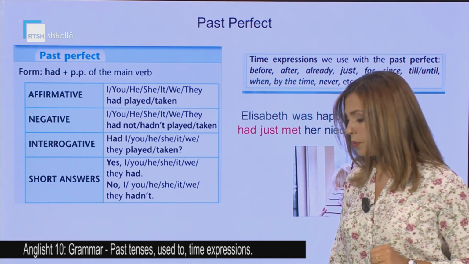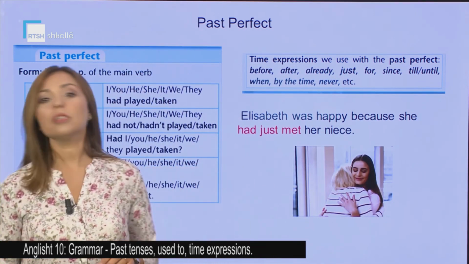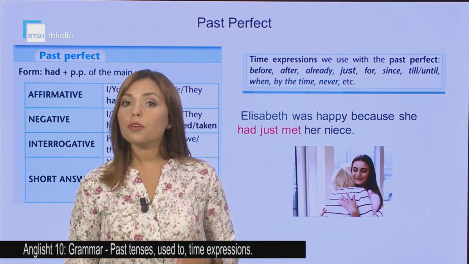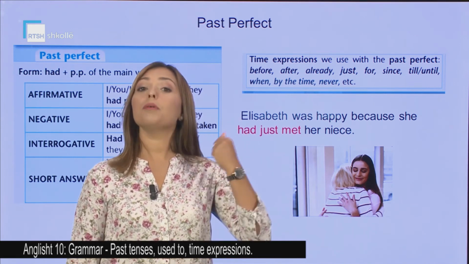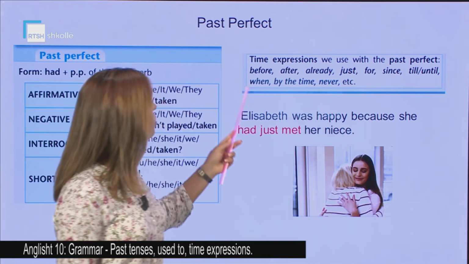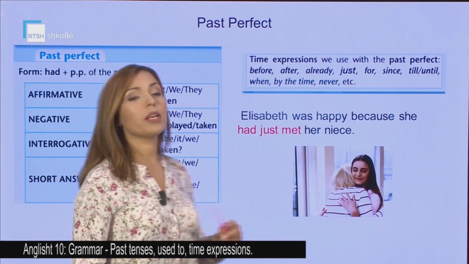All right. Again, talking about the time expressions, we said that the past perfect refers to something that happened in the past but before something else. So, we have time expressions like before, after, by the time, already, just.